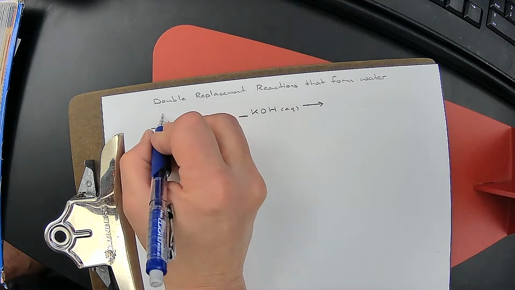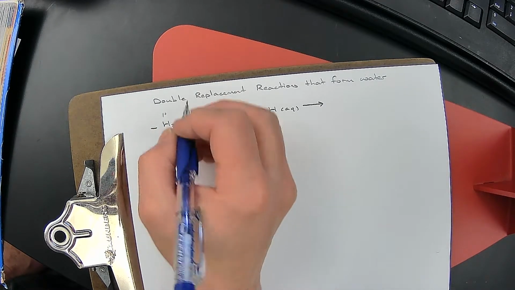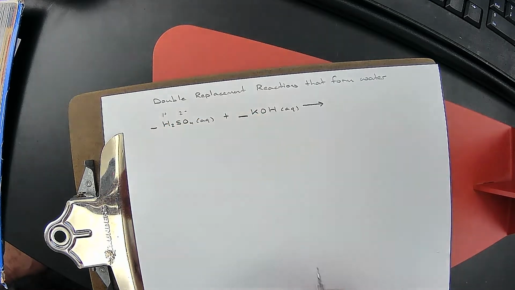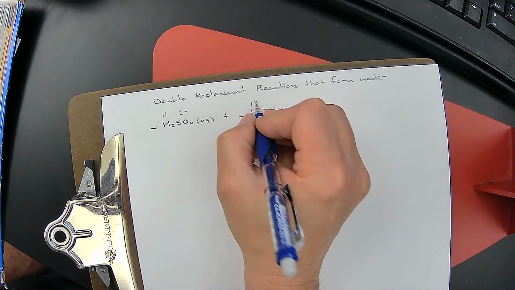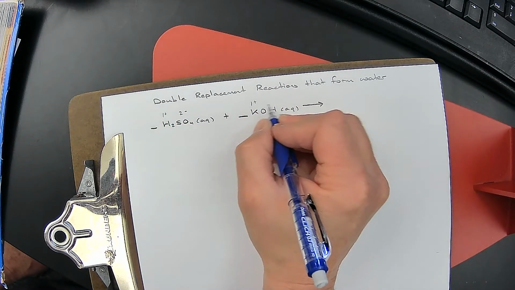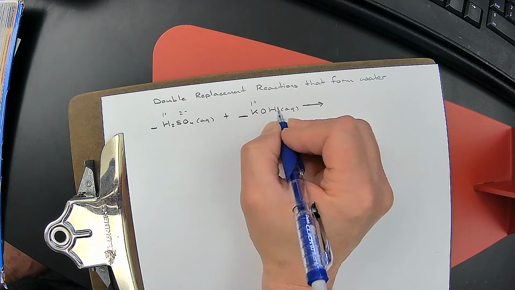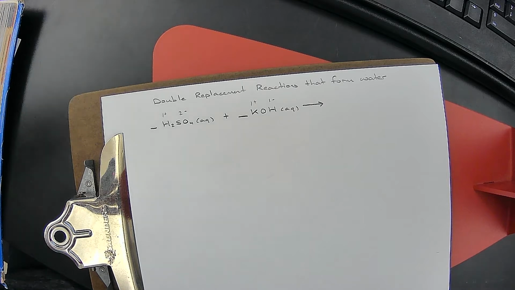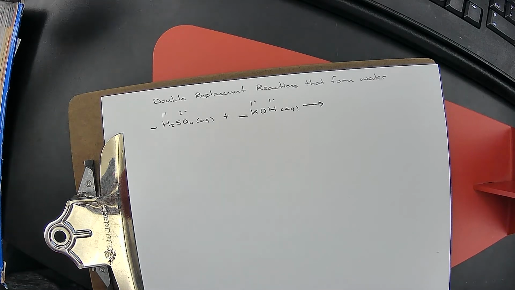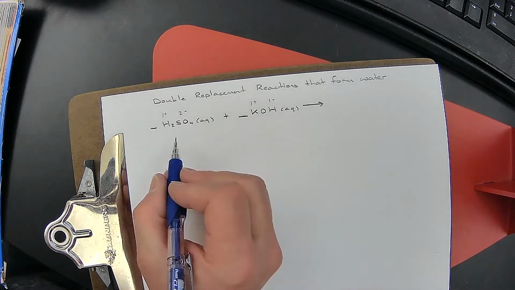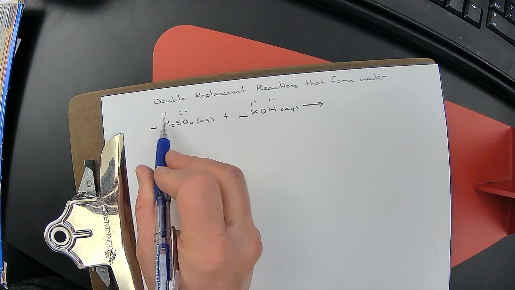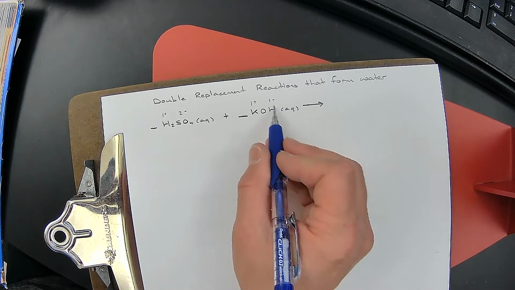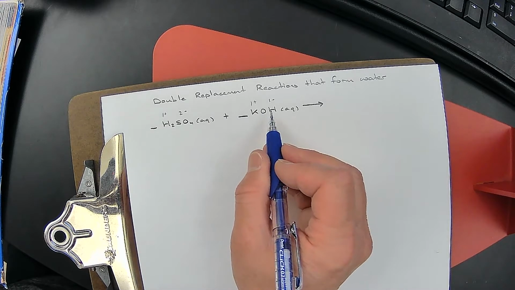H is a 1 plus and SO4 is a 2 minus. K is a 1 plus and OH is a polyatomic ion that's a 1 minus charge as a group. So when we look at this example, what we're going to do is allow the H plus to go with the OH minus.